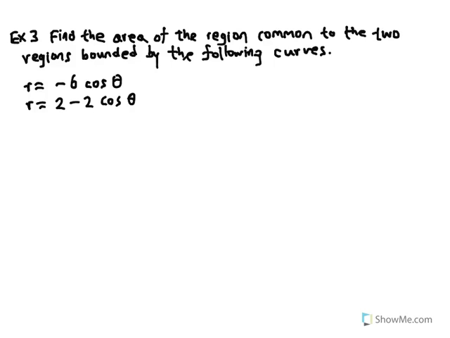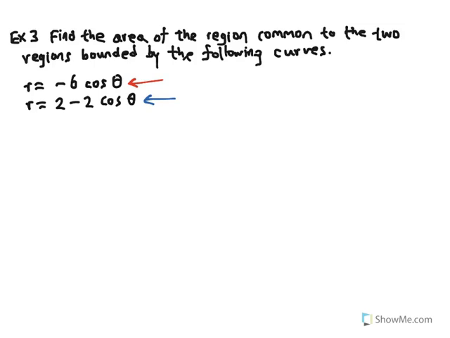This is example 3 from your textbook. Find the area of the region common to the 2 regions bounded by the following curves. In other words, the graph of this polar equation will be a circle, so you will have the inside of the circle, and the graph of this polar equation will be a cardioid, and you'll have the inside of the cardioid.